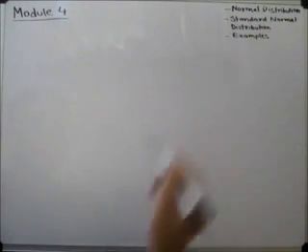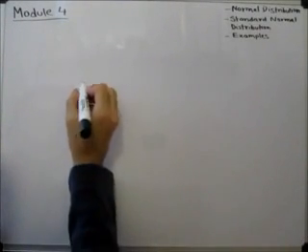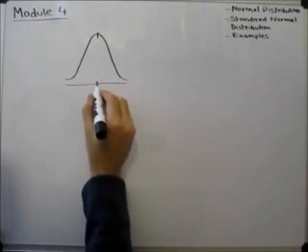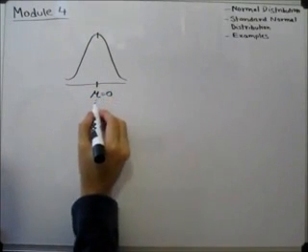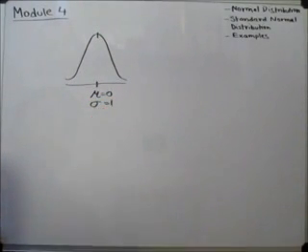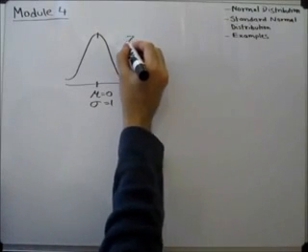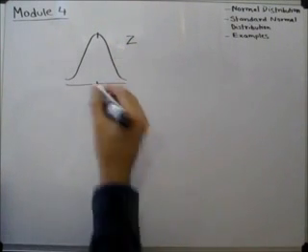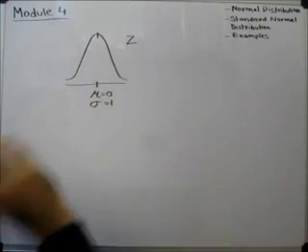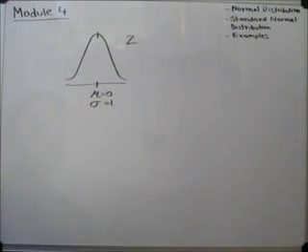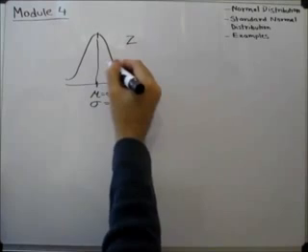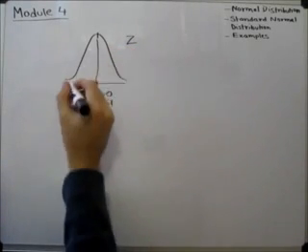Well, standard normal distribution is a special type of normal distribution, and it has a mean of 0 and a standard deviation of 1, and it's denoted by the letter Z. So if the mean is 0, obviously the mode is 0 and the median is 0, and every other property of normal distribution holds in this case. There are again two segments. This segment has a probability of 0.5. This also has a probability of 0.5.